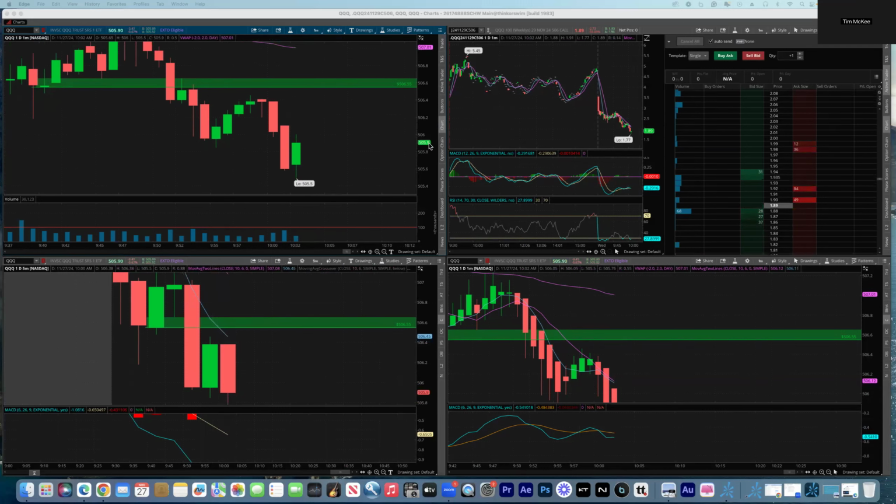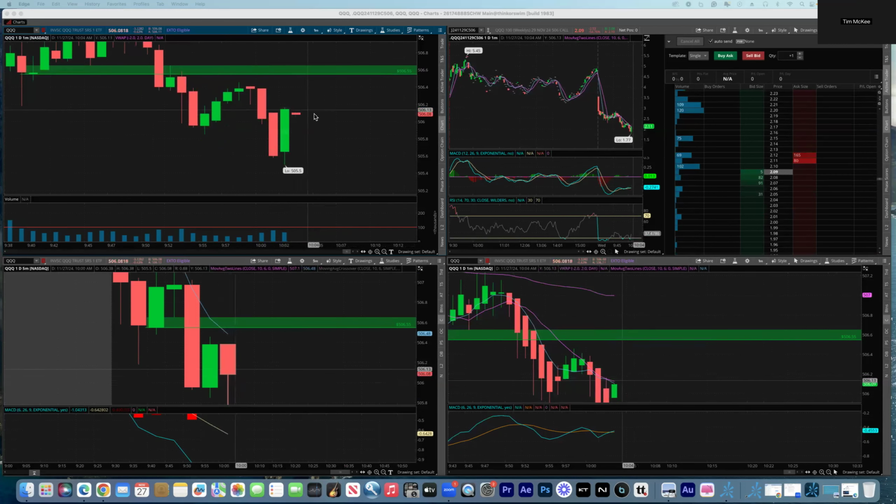Yeah, so we'll keep an eye on the 507 on the put side. We'll wait for a reversal off of this. Starting to see this pattern setup of lower lows, lower highs.